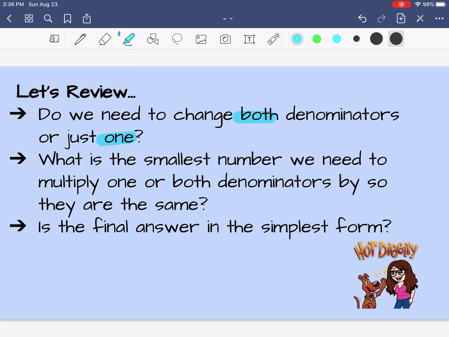Because you don't want to change both if you don't have to. What is the smallest number we need to multiply one or both denominators by? So thinking about that least common multiple, that's what we're looking for. And then don't forget at the very end, you need to make sure that your final answer is in the simplest form. Because if you don't do that, then you will not receive full credit for your work.